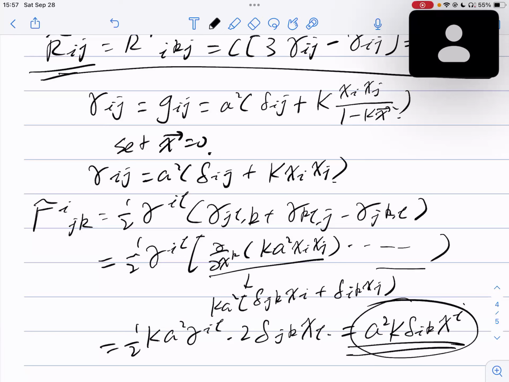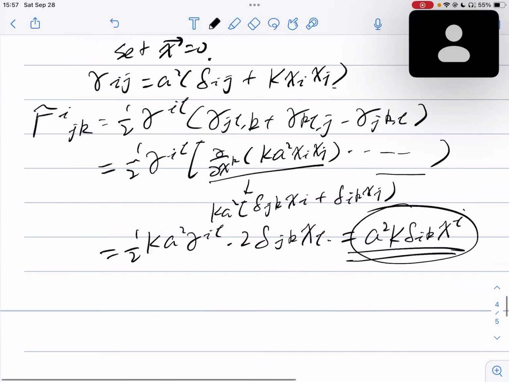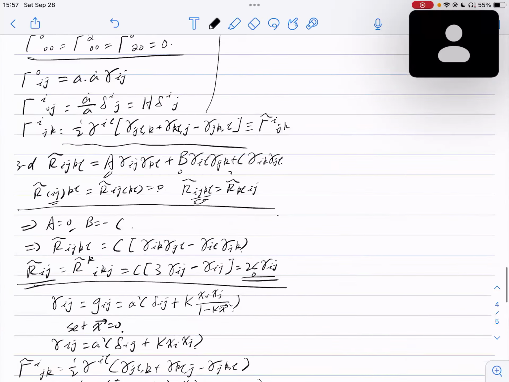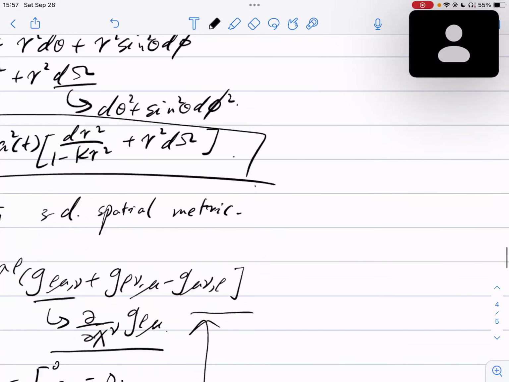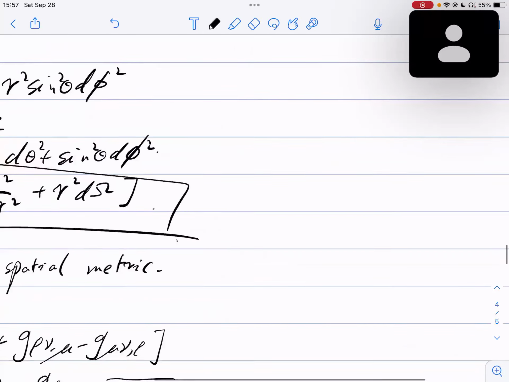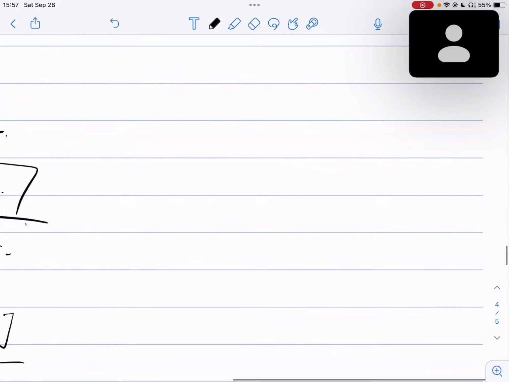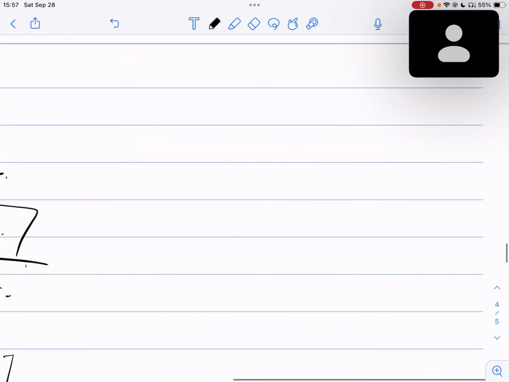This expression will be very important in the following derivation. Okay, so we obtain this.